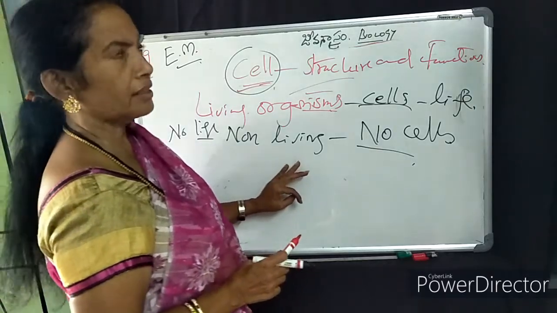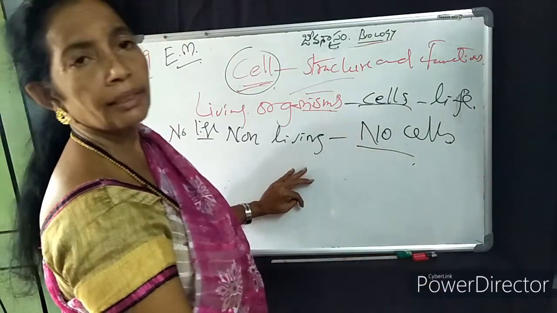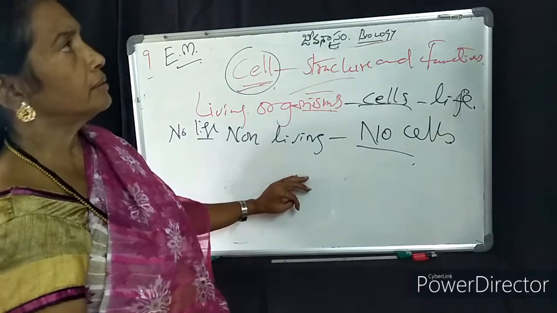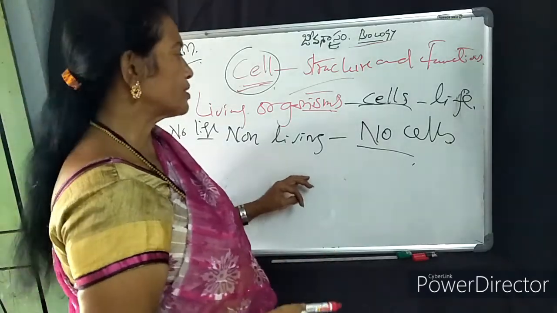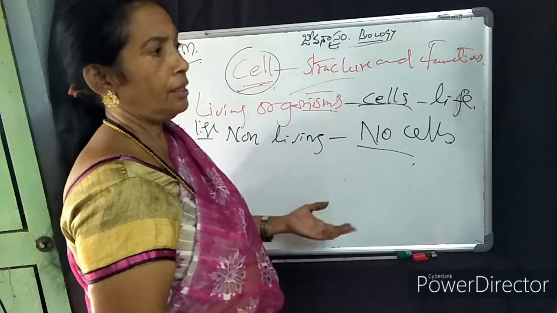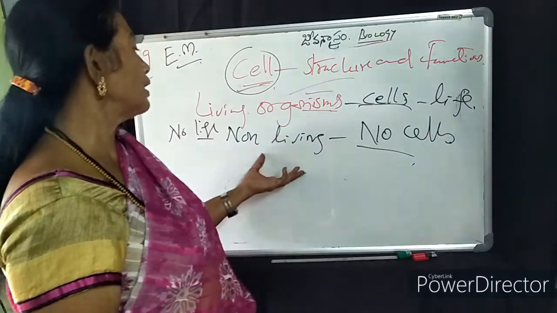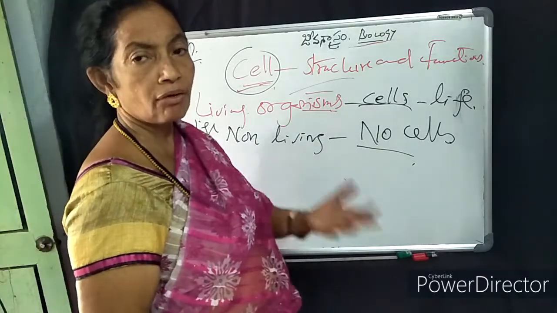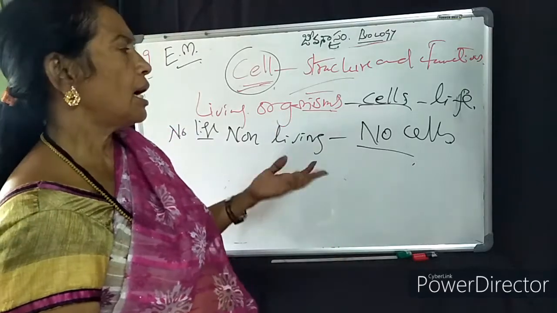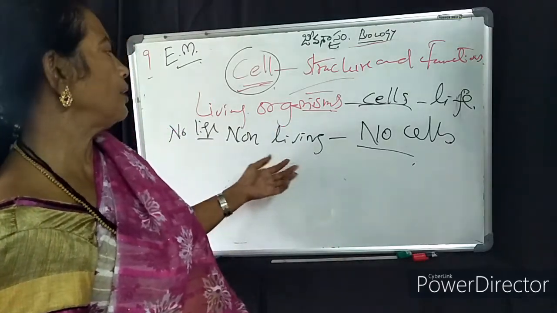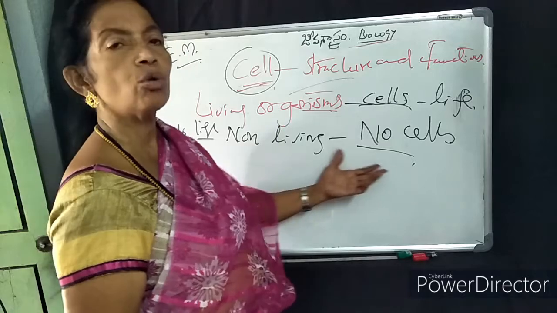Non-living things like walls, plastic, iron, our clothes, plastic utensils, everything in our surroundings, in our house or out of the house, have no life. We can find many non-living things which have no cells at all.